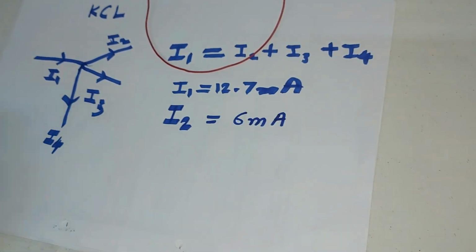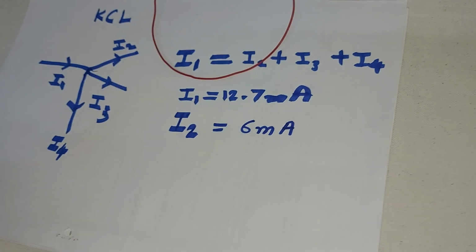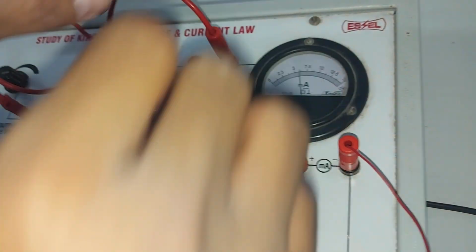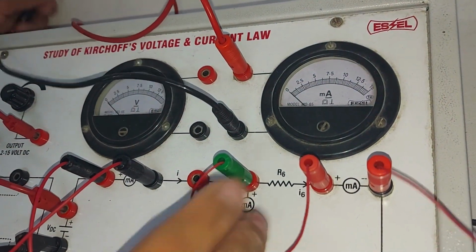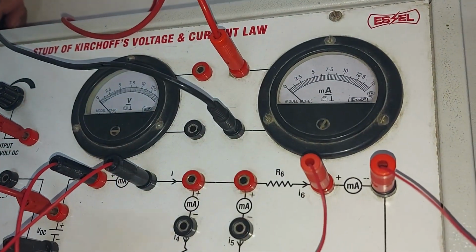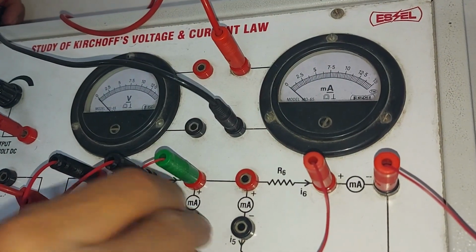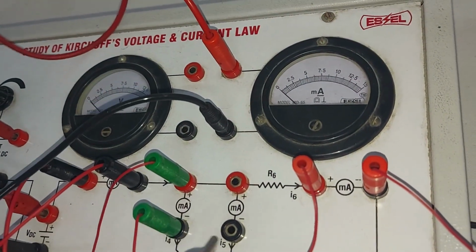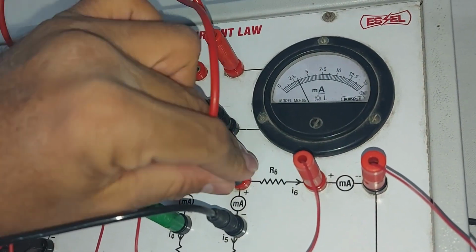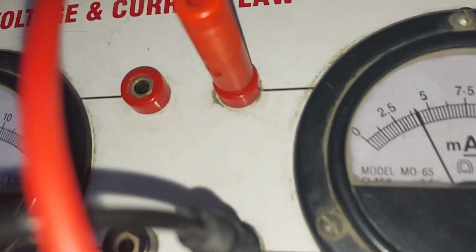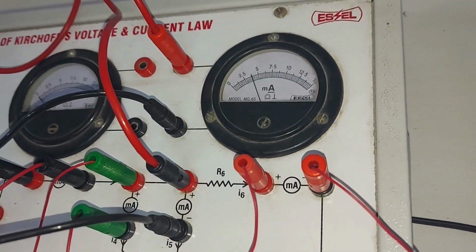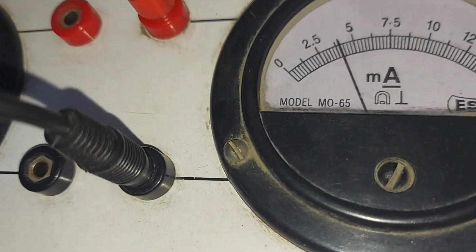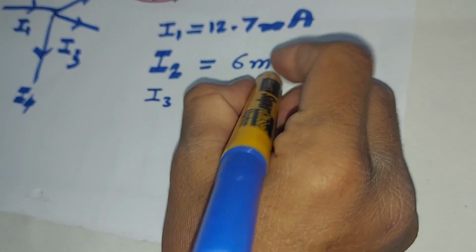Now, we will measure I3. For measuring I3, I will remove this from here and connect it over here again. Now, you can see that I3 is nearly 4 milliampere.